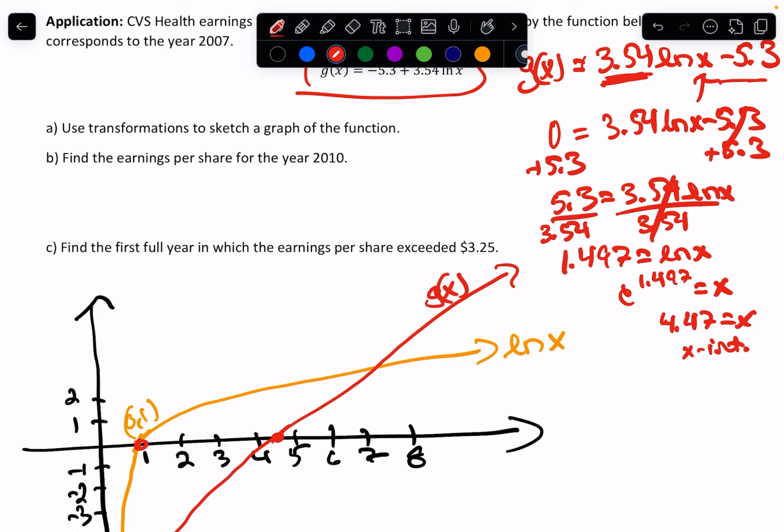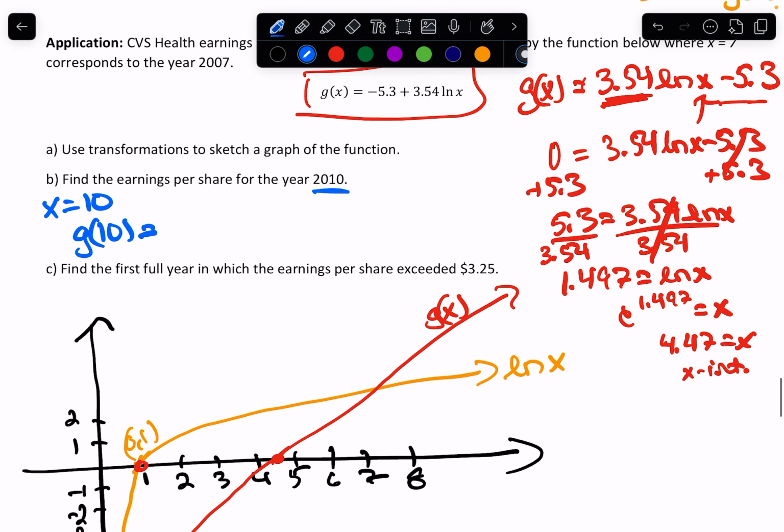Okay, let's do part B. Year 2010 means that x equals 10. So g of 10, we plug that in: negative 5.3 plus 3.54 natural log of 10, and that is 2.851.